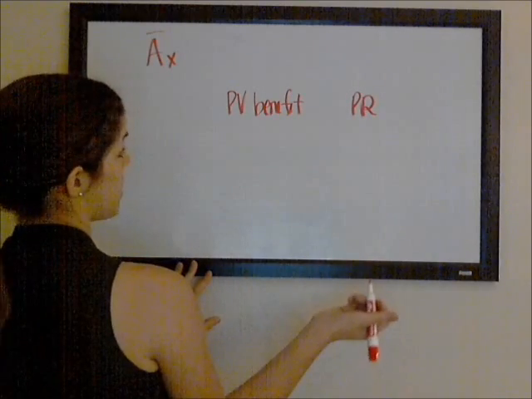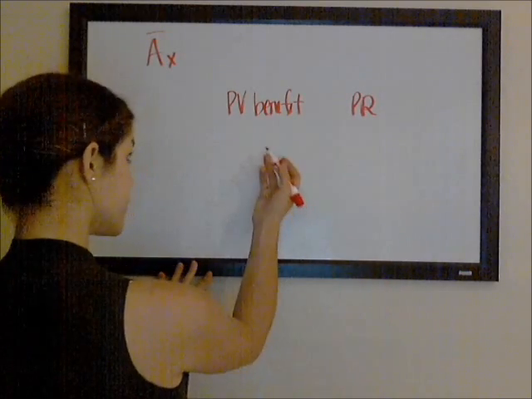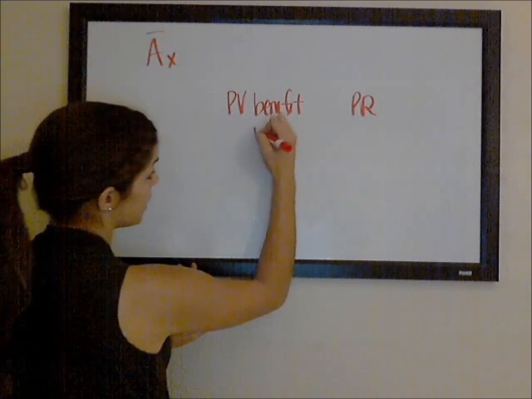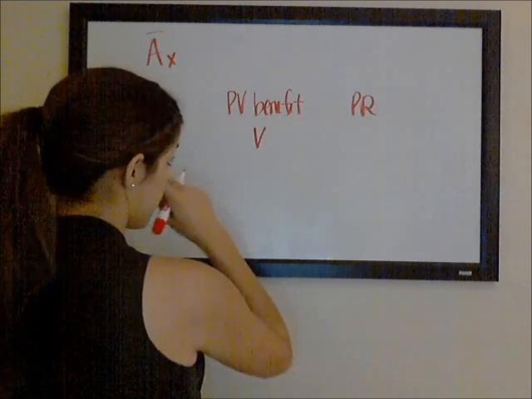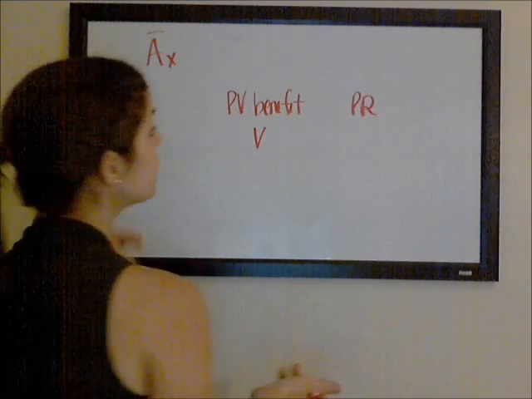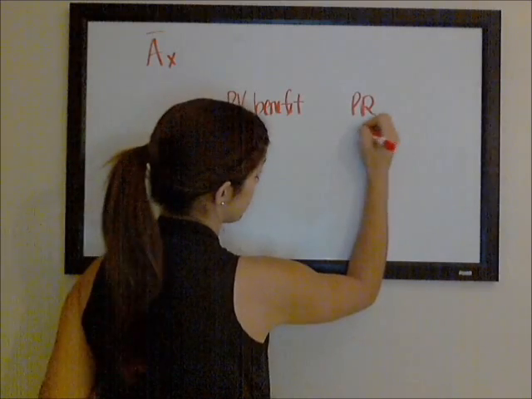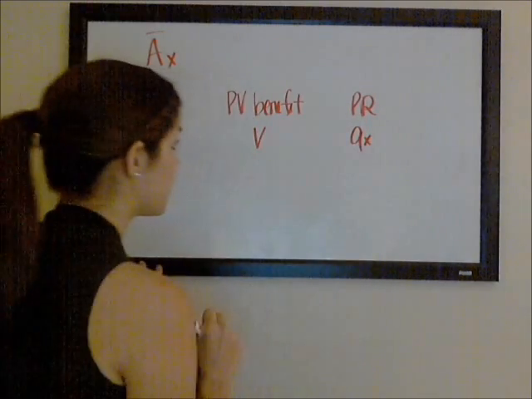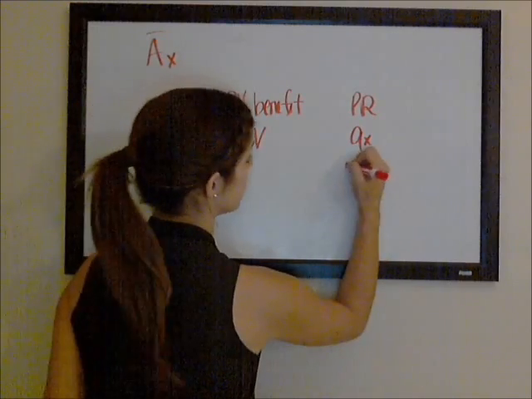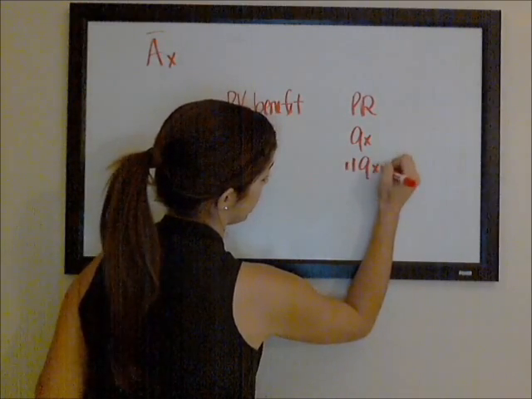So maybe they die in the first year, and in that case, if we're looking at a benefit of 1, you get 1 discounted back 1 year, and the probability of that, of course, is q_x, you die in the first year. Maybe you live the first year and then die.